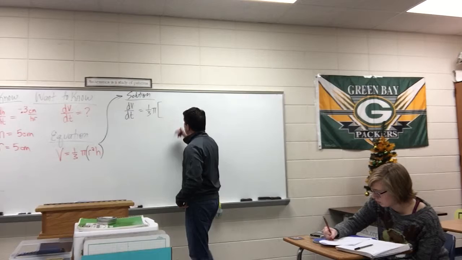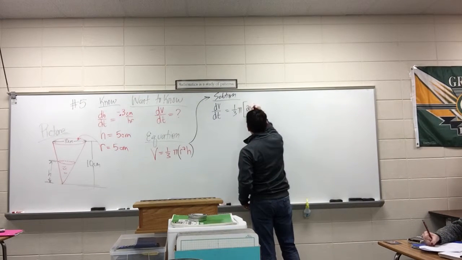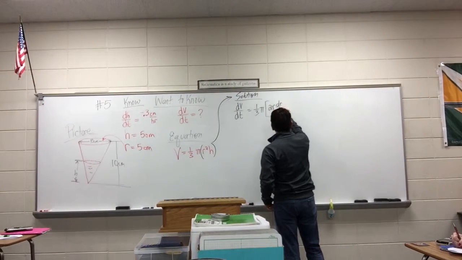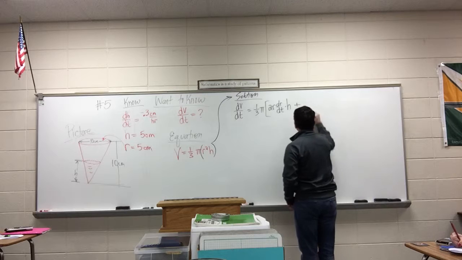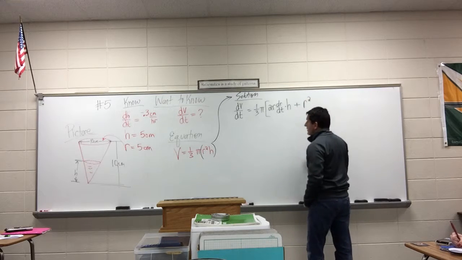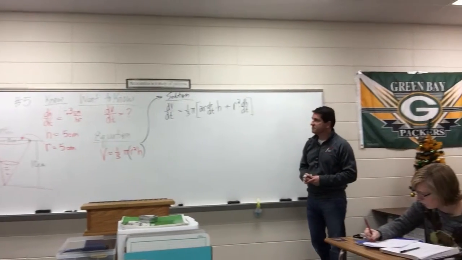It's no big deal. So let's see, we'll let r squared be the first derivative, so it's 2r dr dt times h plus r squared times dh dt. And that's no big deal.